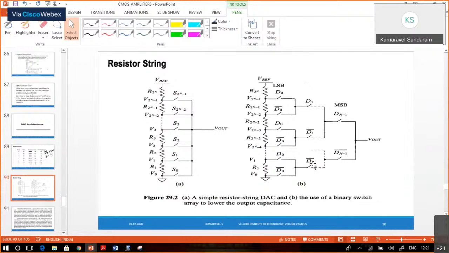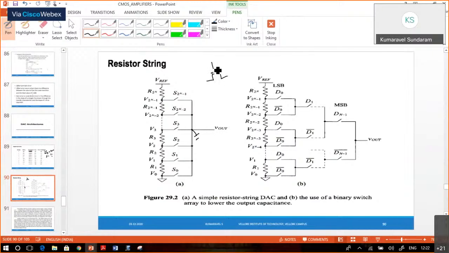used to realize the binary fashion will be very less compared to unary or thermometer, because if the number of bits is going to be more, we will have that many switches. At the output, what happens here is the capacitance, because the switch is realized using MOSFETs, right?